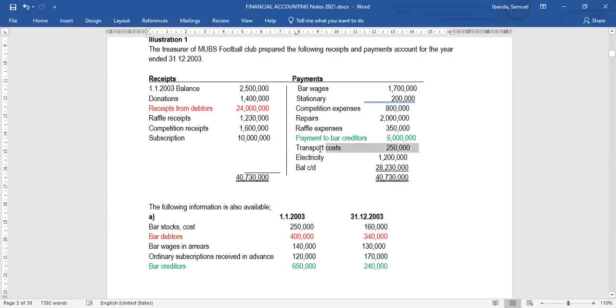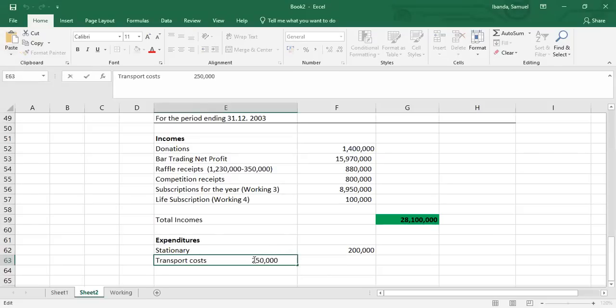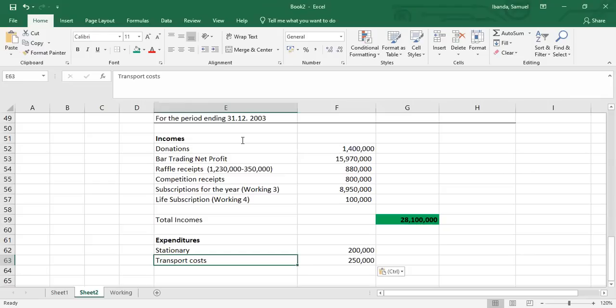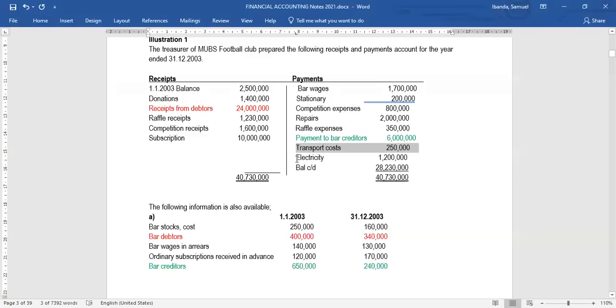So what I would pick next is transport costs. The next that I'll pick is transport costs. Then the next that I'll pick is electricity.